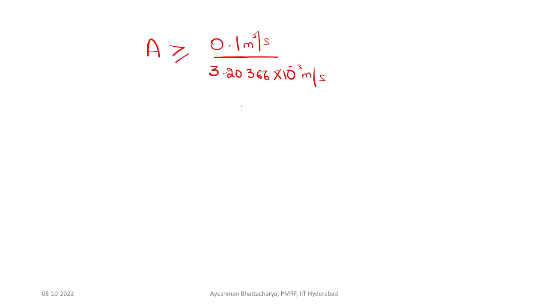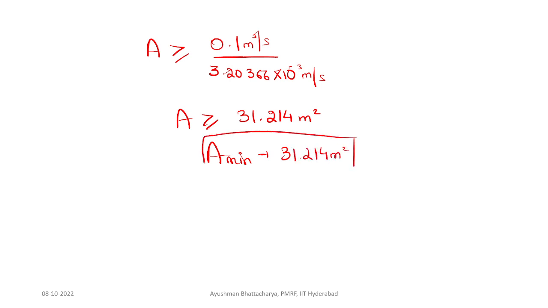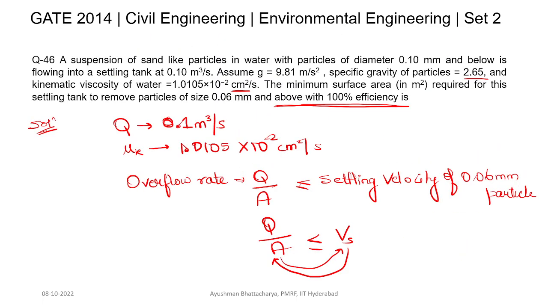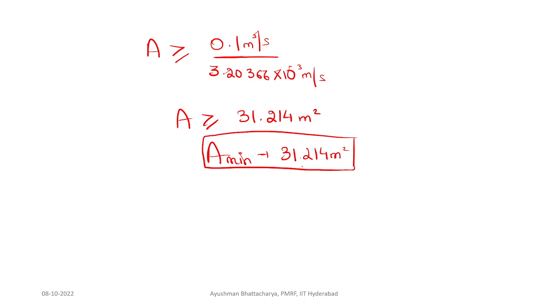So the area will come out to be 31.214 meter square. So A minimum will be 31.214 meter square. Based on the question, our minimum area is calculated as 31.214 meter square.